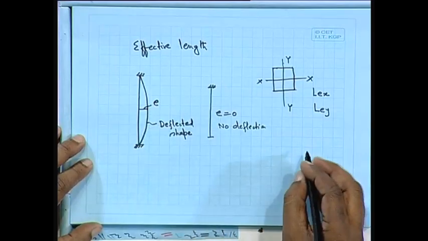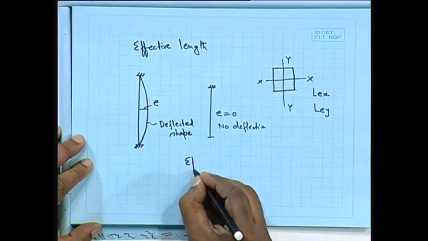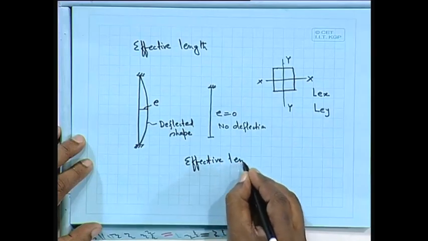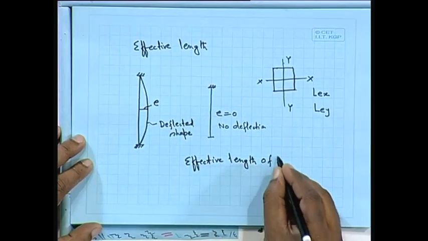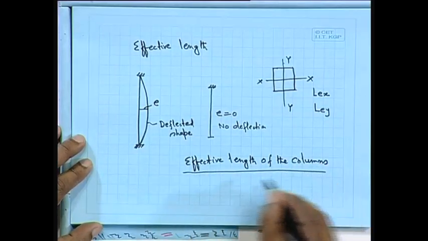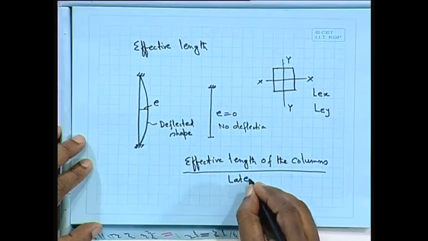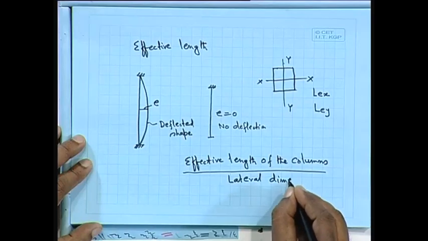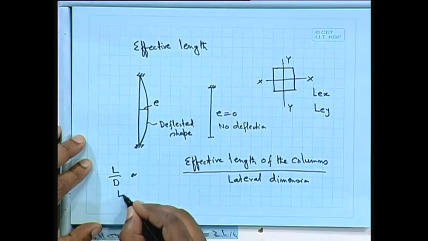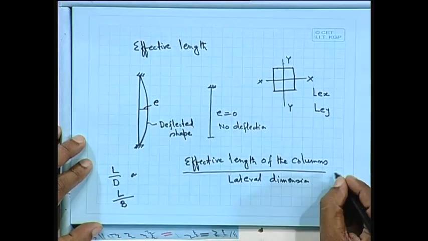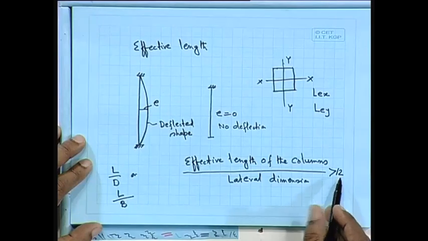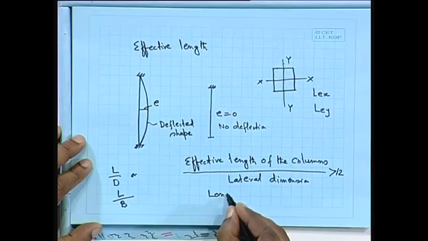According to IS 456, if the effective length of the column divided by the lateral dimension, that means L by D or L by B, is greater than 12, then we shall call it a long column or slender column.